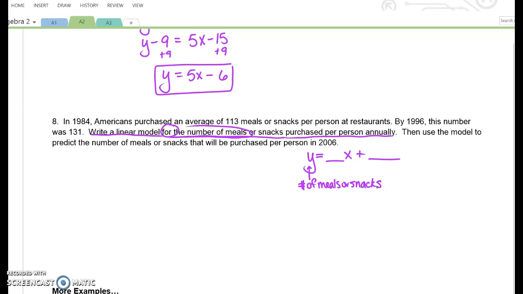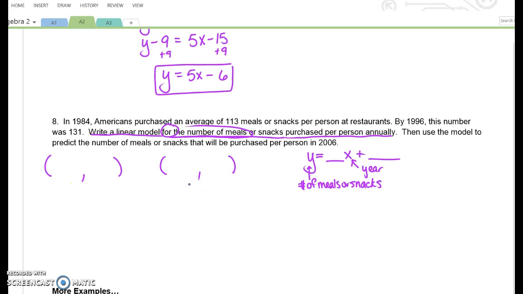They want to be able to say, in this year, how many meals or snacks were purchased per person. So we need to plug in a year and get the number of meals or snacks. That means x is going to be the year. If you can figure that part out, then you know how to set up your ordered pairs.